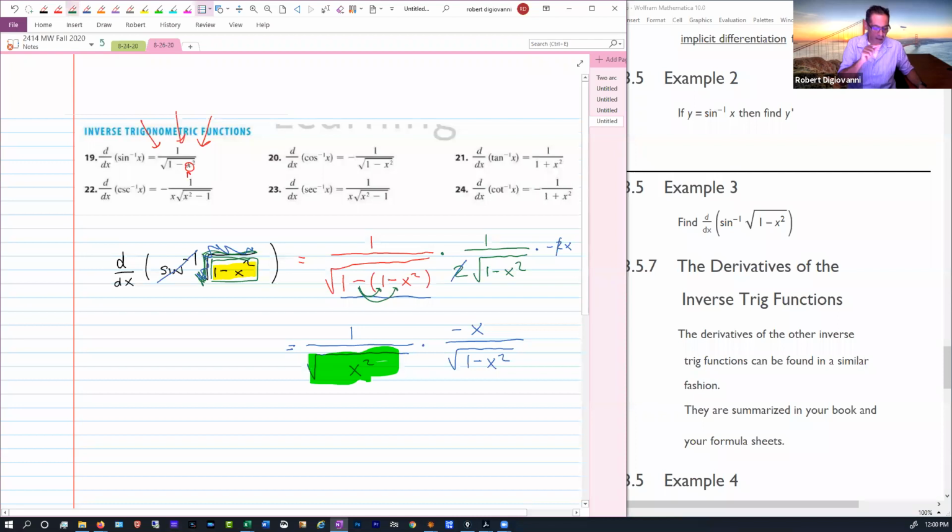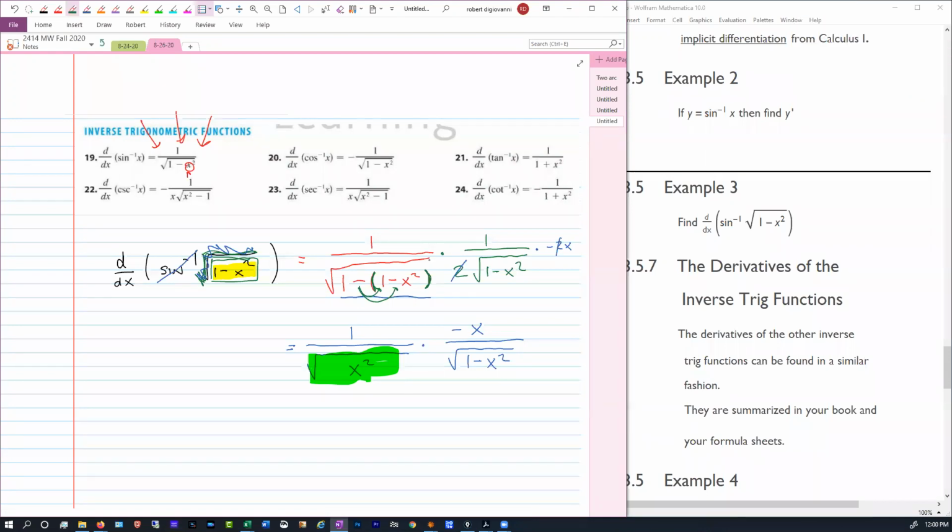Good call. I'm glad you mentioned that because it's important that I put this in parentheses. If you didn't put that in parentheses, then you would have not had that distribution that would have caused issues. On top, why did you cancel out the 2 and the negative 2? Just reducing it, like 2 over 2 is 1. Just trying to clean it up. I left the negative there, but I just got rid of the 2's.